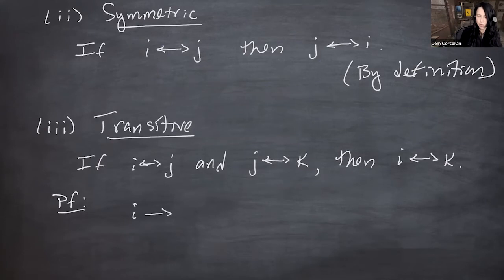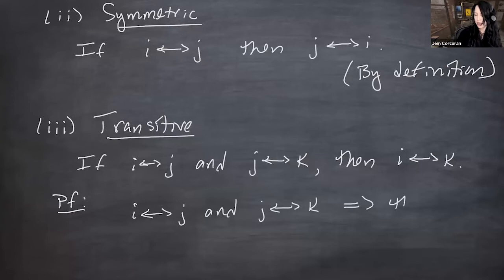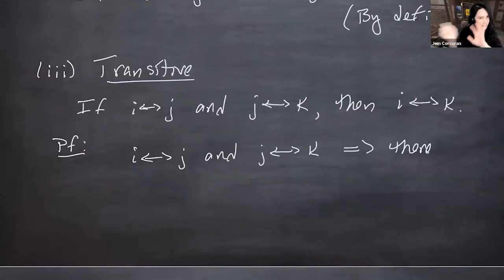I communicates with J and J communicates with K implies there exist some integers such that we can move between these guys.